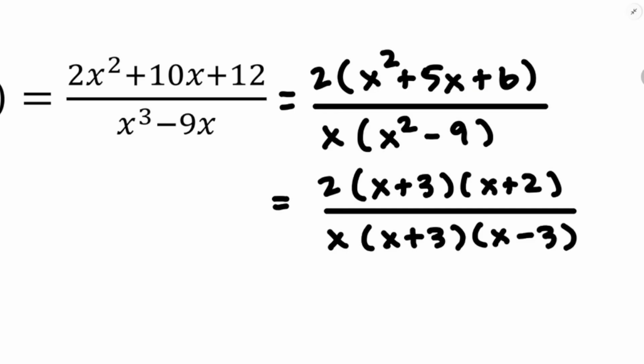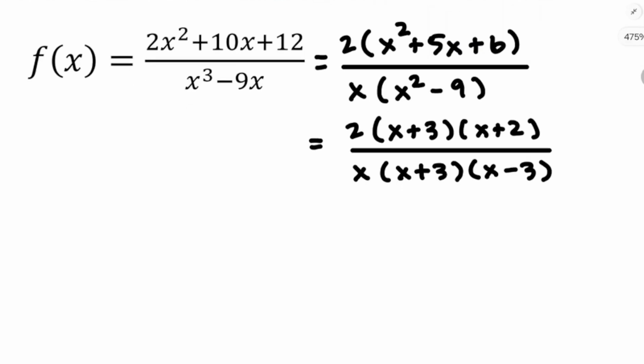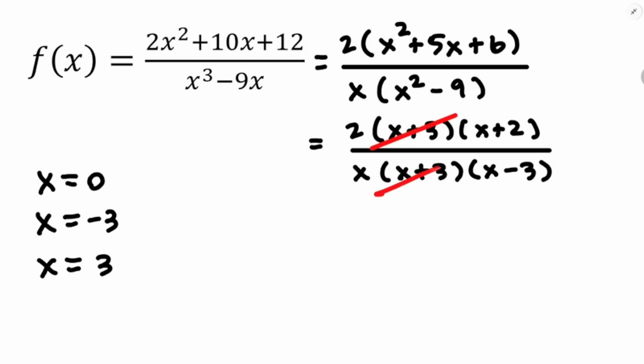Now that I've got this function factored, I can see I'm going to have 3 zeros of the denominator. I could have x equals 0, x equals -3, and also x equals +3. Looking for things I could cancel, that would be the x plus 3.